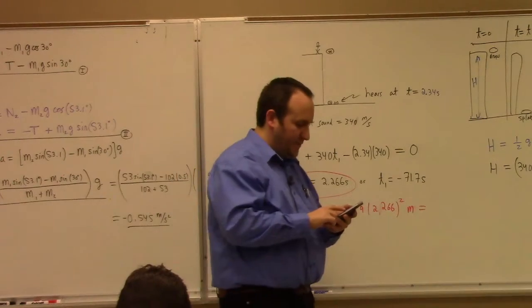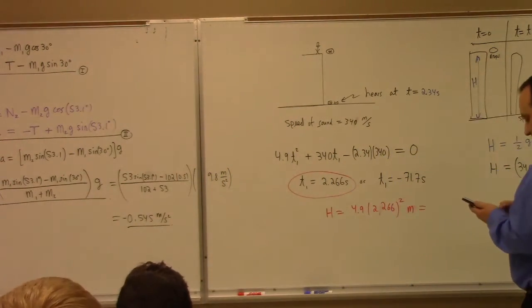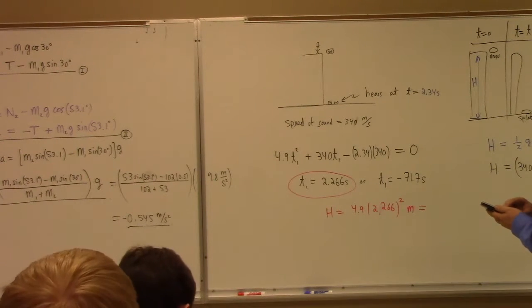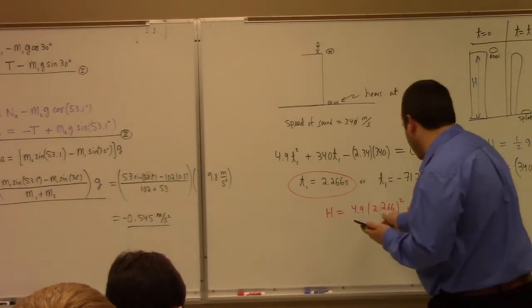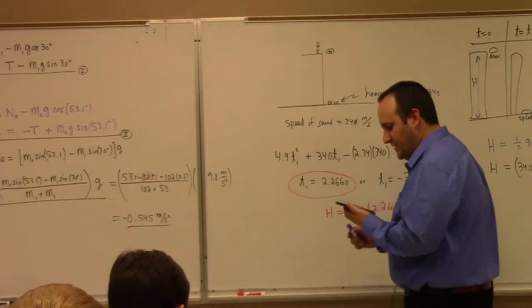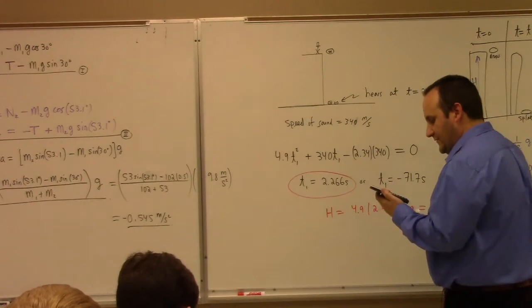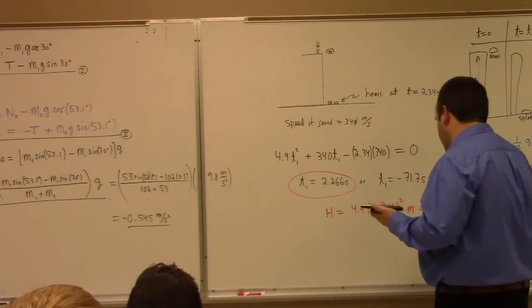I got to get out of this mode. All right. You just told me 2.266 squared times 4.9 is equal to? That's a 2.2, not a 22. So I got 25.16, if I haven't done something wrong.